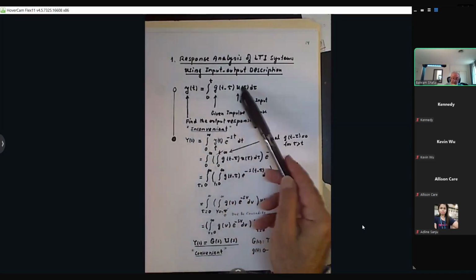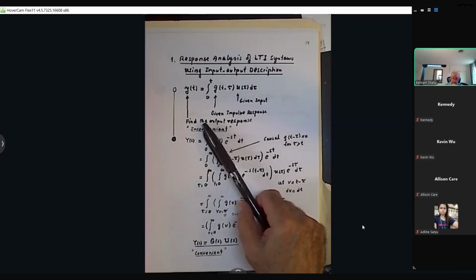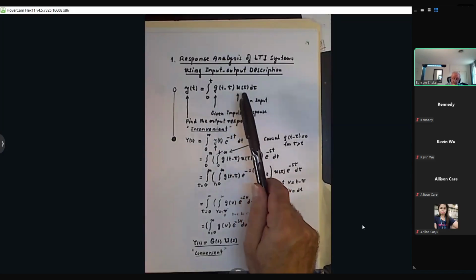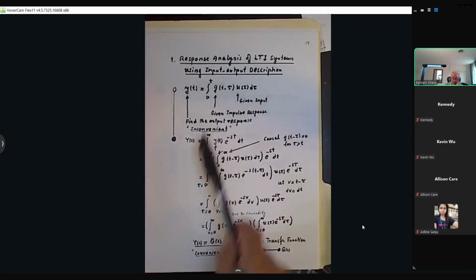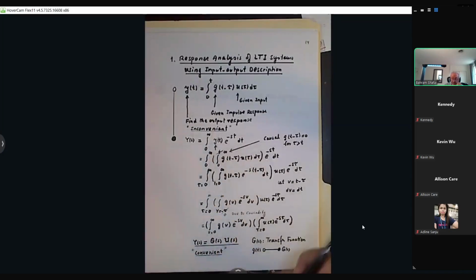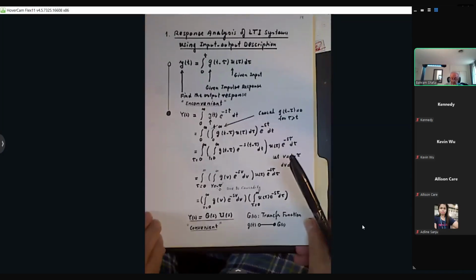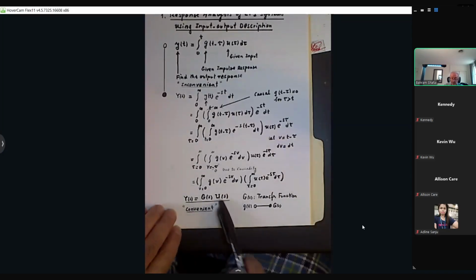This is sort of inconvenient if you want to integrate the product of these two. So one convenient way is that you can take this system input-output representation into the Laplace domain, and then you get this G of S. In that case, U is given in the time domain. You can transfer it to the Laplace domain. G impulse response is given in time domain.